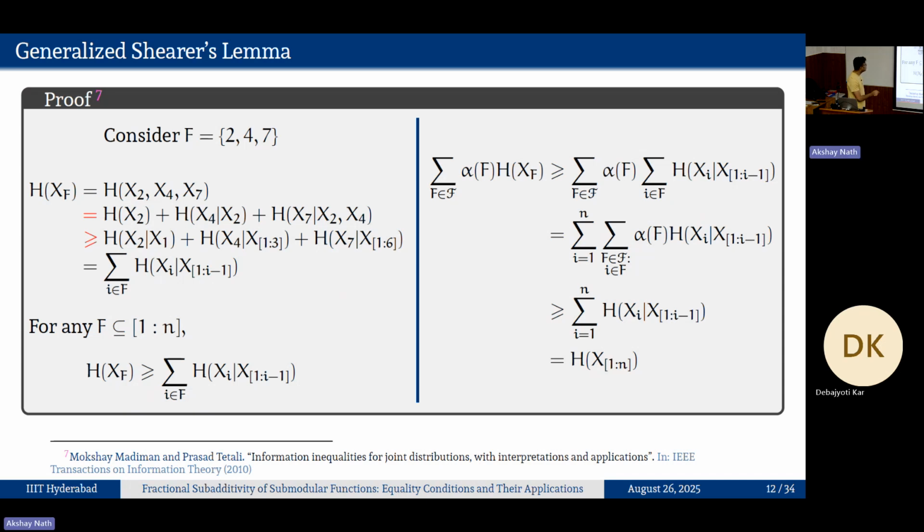Instead of x2, I add x1, x3 as well, and so on. This is nothing but h of xi conditioned on the earlier variables, for all i in f. For an individual h of xf I have this, and then I sum it up over all f. So I have this on the right side. I computed this so far, and then for this.